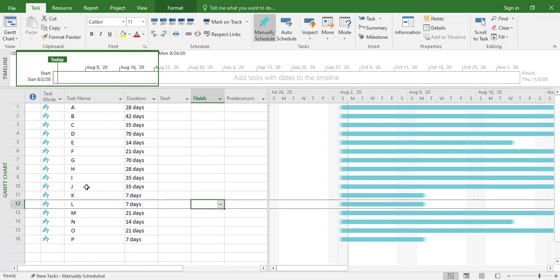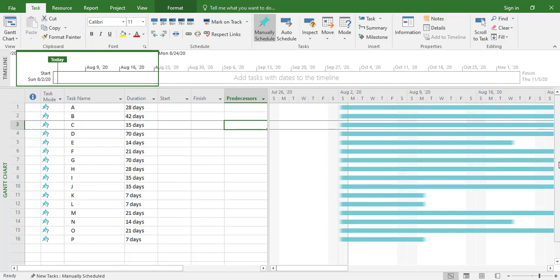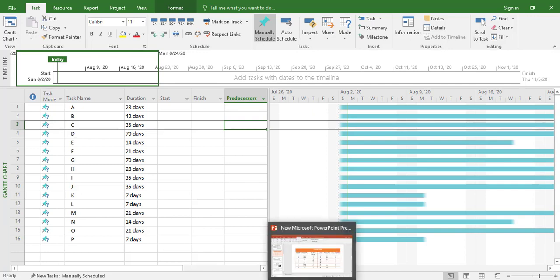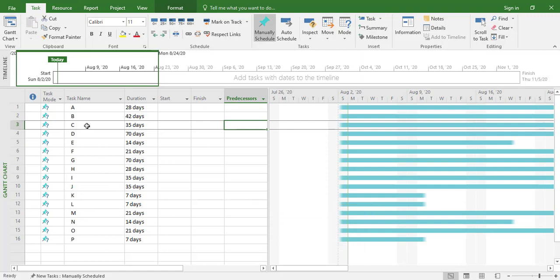arrange activities with respect to their predecessors. For C, predecessor is B. Here in Microsoft Projects, input is given by activity number. So as you can see, for C, predecessor is B, but B lies on second. B is second activity.